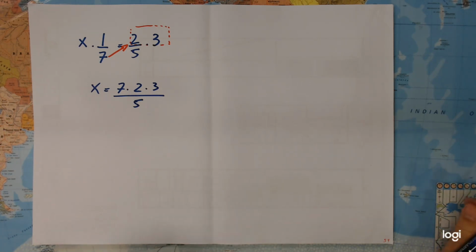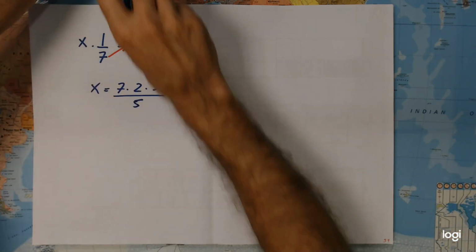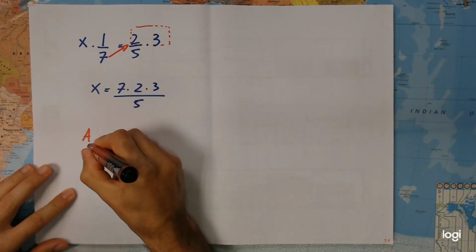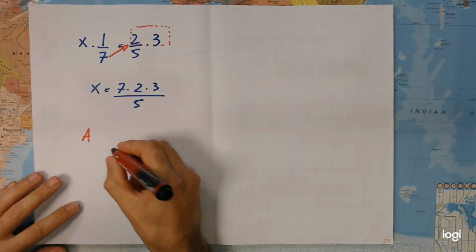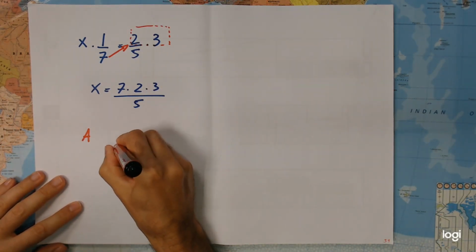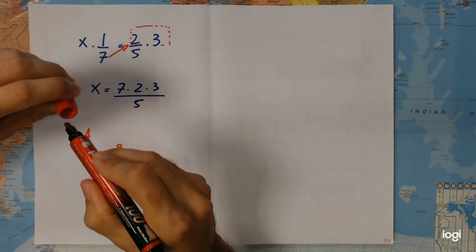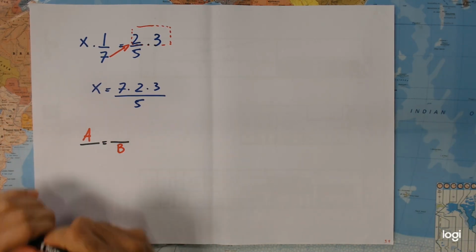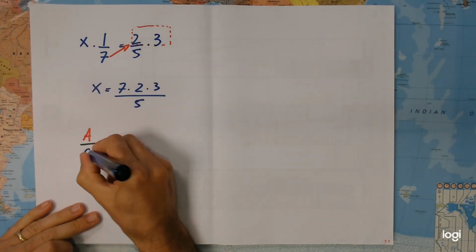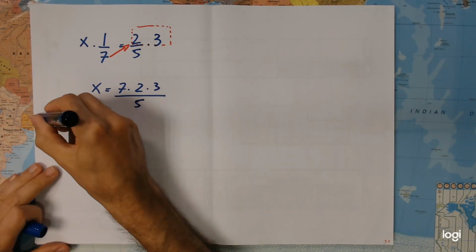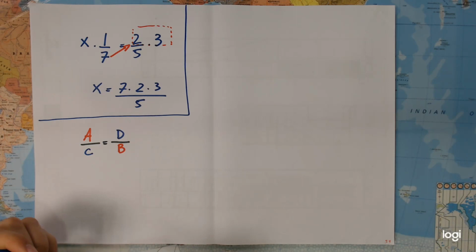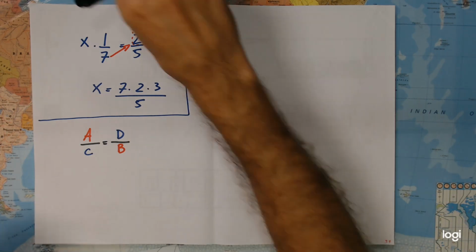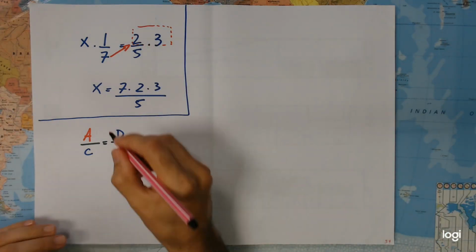And why is that? I'm going to show you why this is the case. Let's suppose we have A over C equals D over B. In a second you will understand why I'm writing all this. Let's perform cross multiplication.